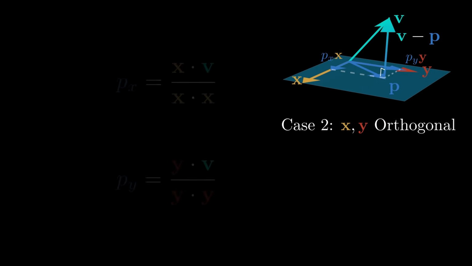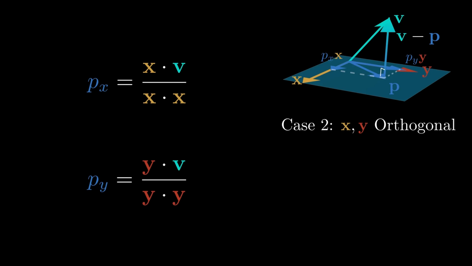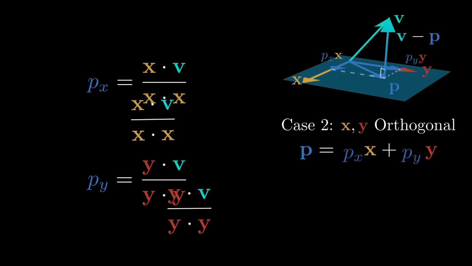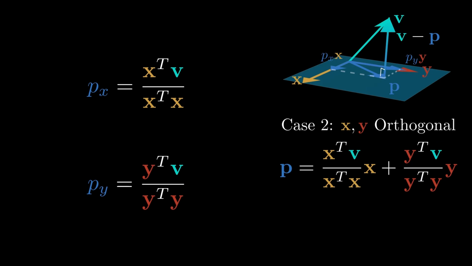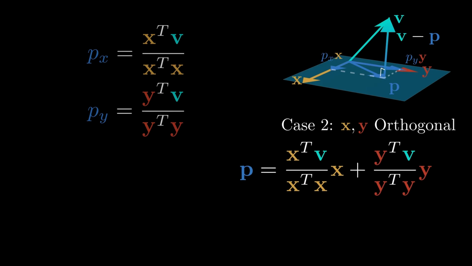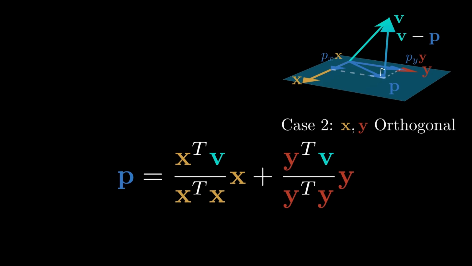Looking back at the formulas for our components, if the lengths of the basis vectors aren't 1, then the denominator isn't going to vanish. Let's substitute this back in to get our projected vector, and then we can rewrite all of that in matrix form and rearrange a little.